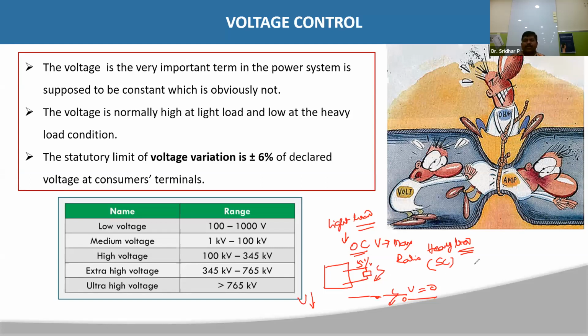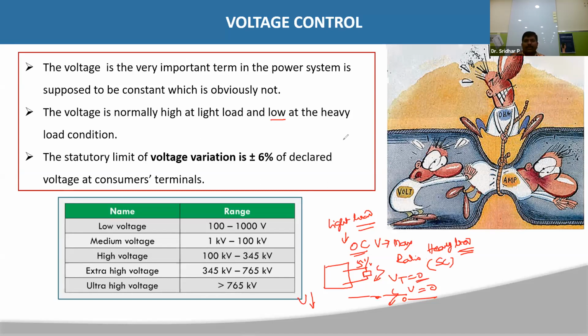If you create a short circuit, then the maximum load is applied onto the system, and the terminal voltage will be zero. So the voltage is very low at heavy loads, low meaning almost close to zero.